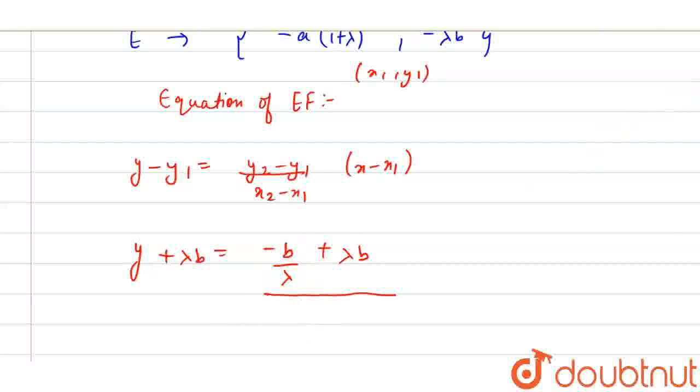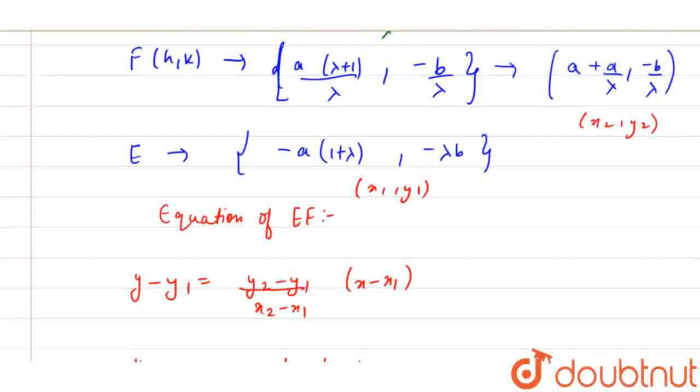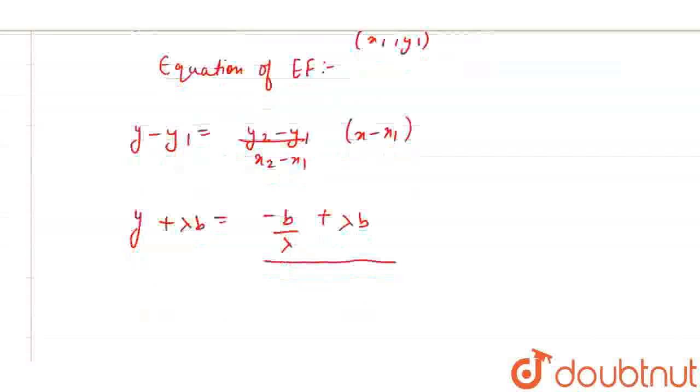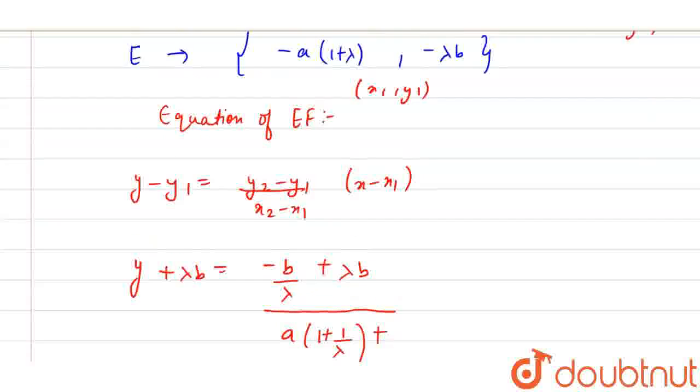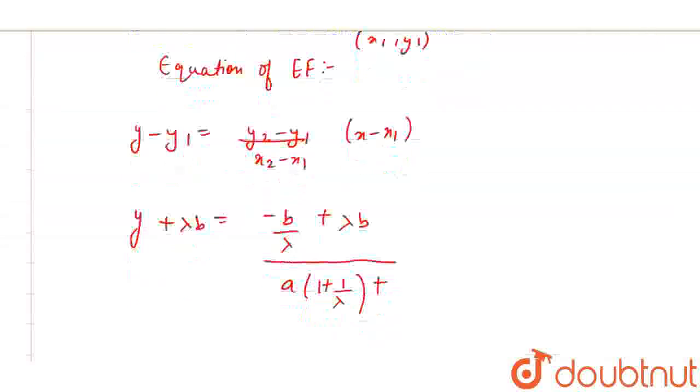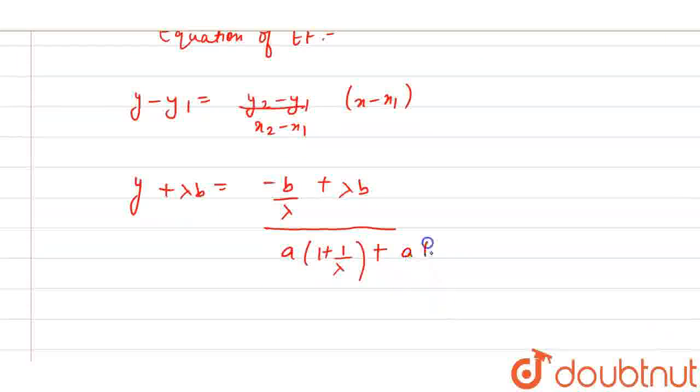The value of x2 is A multiplied by 1 plus 1 upon lambda, and x1 will become positive, A times (1 plus lambda), so x minus x1 we can write as x plus A times (1 plus lambda).